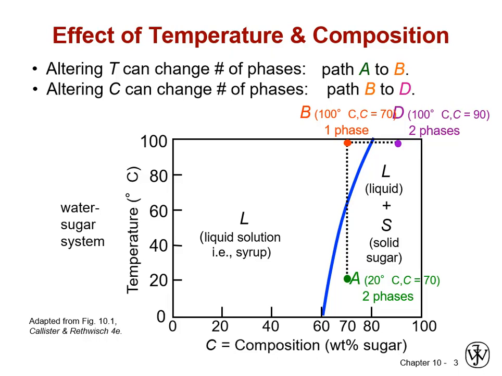We would go back into our 2-phase region, because somewhere around 80% sugar at 100 degrees C, we would exceed our solubility again. And now we'd be back into a 2-phase region, which had, if we look at the purple dot, by adding sugar up to where our average composition of the whole mixture is 90% sugar, we'd now be split between a bunch of pure sugar precipitates and some syrup liquid that had somewhere less than 80%.